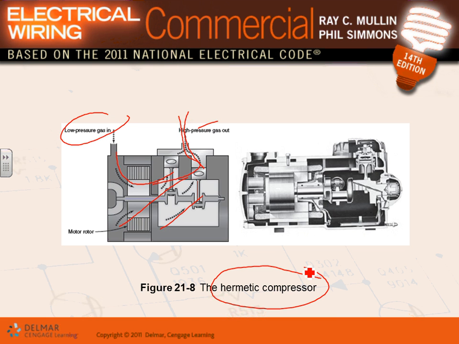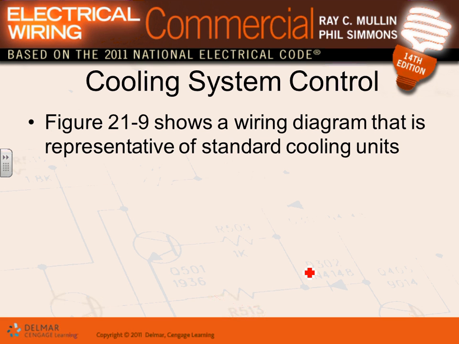Remember yesterday we were talking about the condenser. How do you size the conductor? 1.25, the overcurrent protection device 1.75, or you can use the nameplate on them. Typically the manufacturer will give you the nameplate on these. Any comments, guys? Any questions about hermetic compressors? Hermetic compressors are sealed together, all in one.